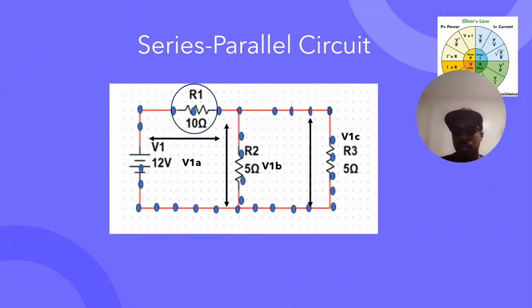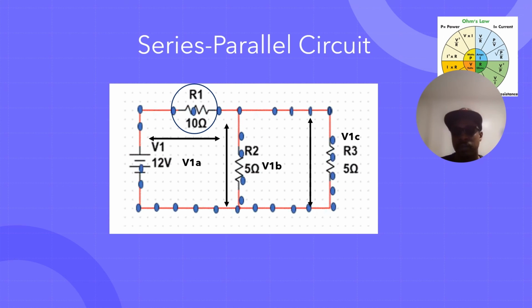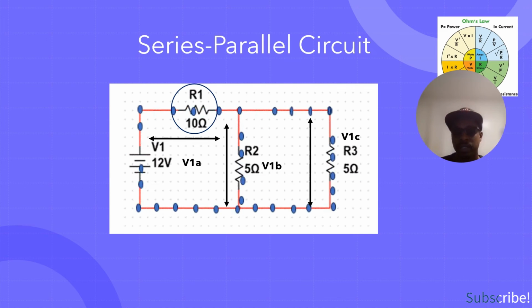So the source is supplied, and the current will be divided as it reaches the branch of R2 and R3. So the total current will be flowing through R1, then it's going to be divided between R2 and R3.